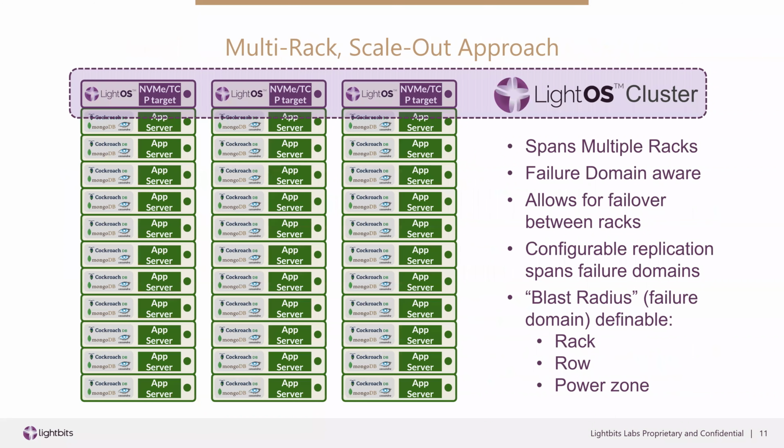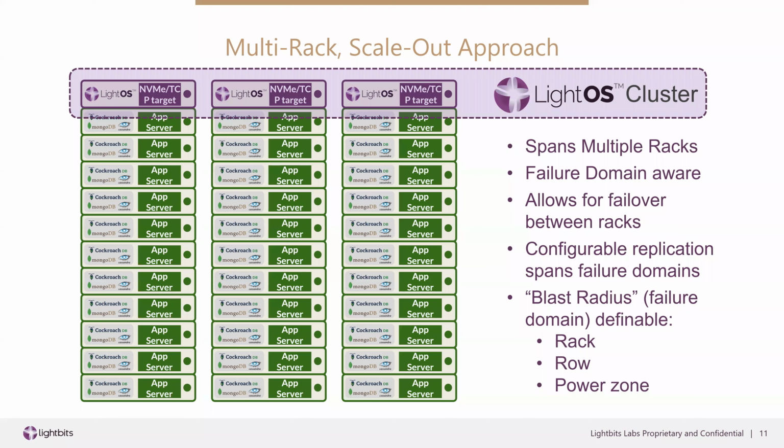This is what it looks like if you're really deploying racks of systems. You can see you'd spread the LightOS cluster over the top, and I see there's been a transformation error from Google Slides to PowerPoint here. So it says NVMe TCP target in the top. But the LightOS servers span racks, and a rack in this case is kind of your failure domain.